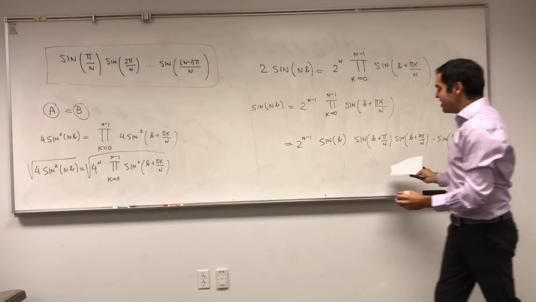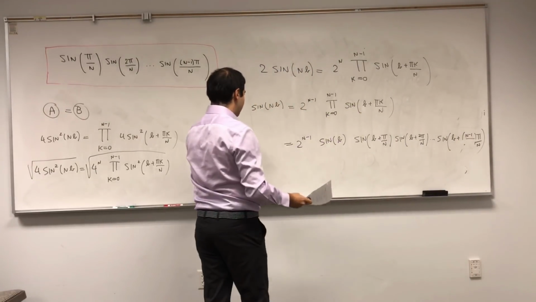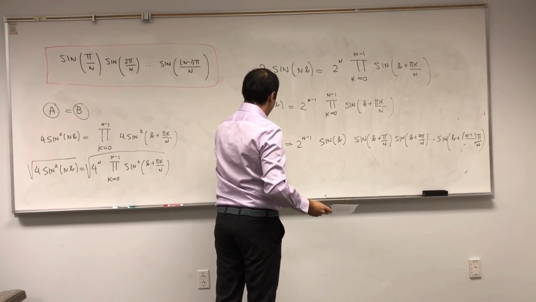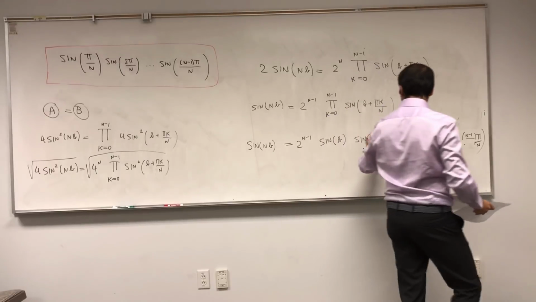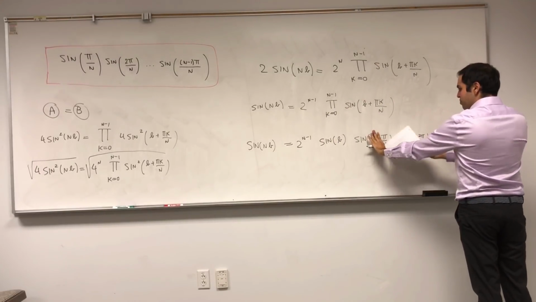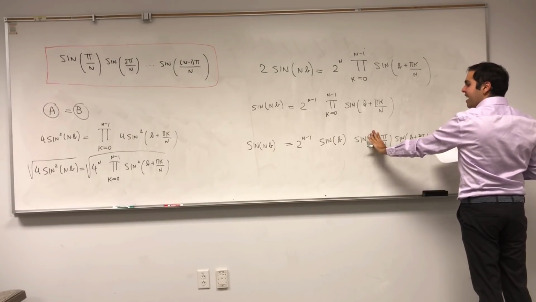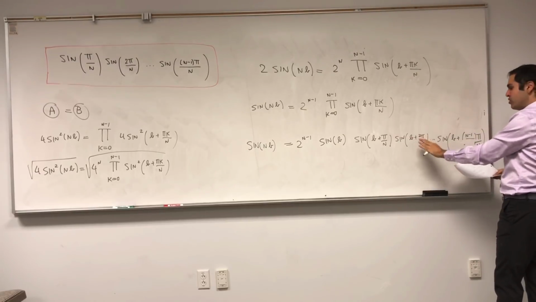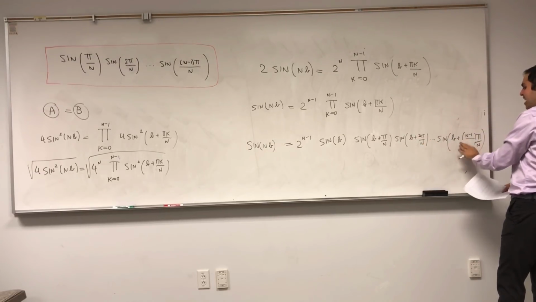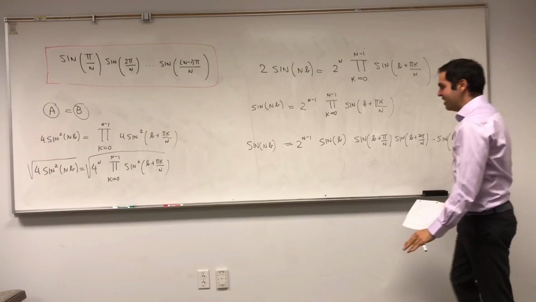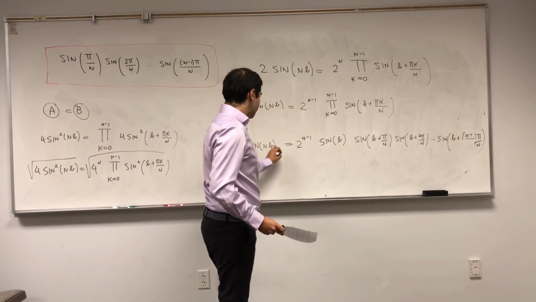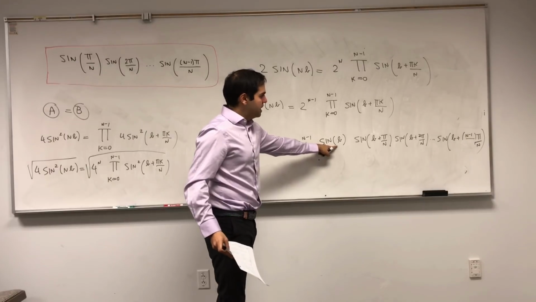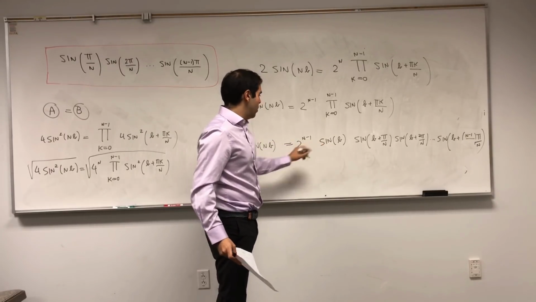And notice, this looks very similar to our product, right? Because if b equals 0, this part is in fact what we want. Sine of pi over n, sine of 2 pi over n, up to sine of n minus 1 pi over n. And in fact, the only factor that's kind of superfluous is the sine of b.